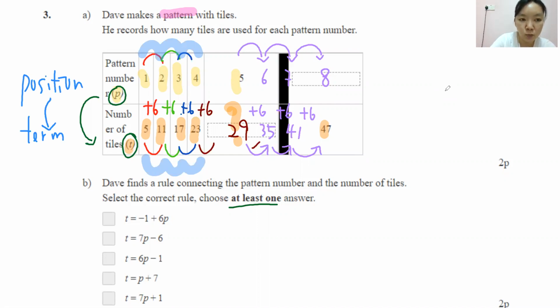Therefore, the answer should have the position P first, and then the term T. The easiest way, if I already have the numbers here, is just to plug in a number and give it a try. I know that my P equals 1, and then my T will equal 5, right? Try this out for the first one.